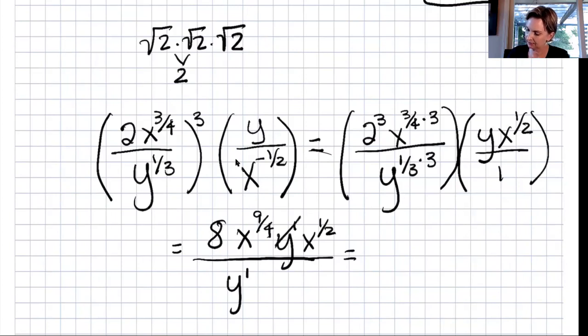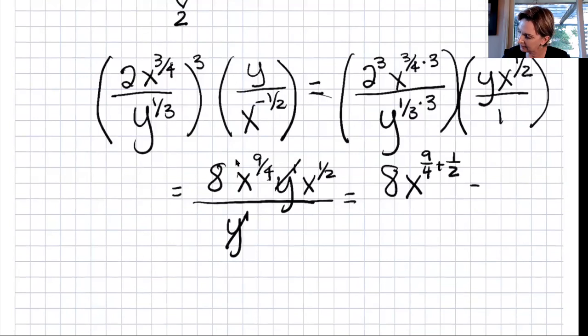They cancel. That's nice. Now the x's, we have a 9/4 and a 1/2. We have to add those, and that's not a common denominator though. We need a common denominator. So 1/2 with the denominator 4 is 2/4.